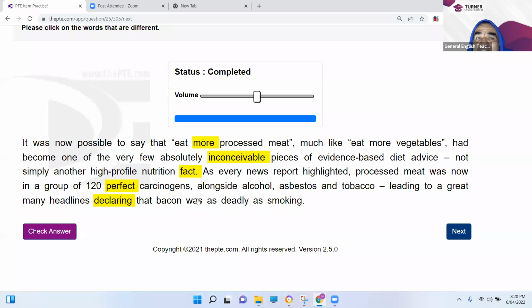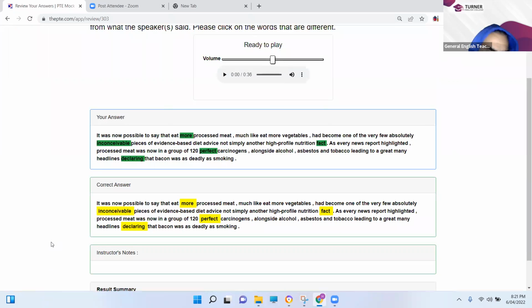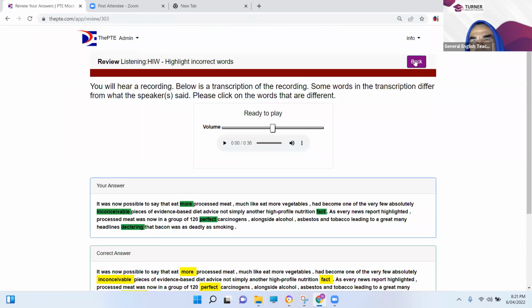That is like smoking, like alcohol, like asbestos. In Australia, they make a lot of noise about asbestos and other stuff. Anyway, okay. Very good. But don't choose it. So long as you do not choose any wrong ones, I'm happy. Okay, next one.